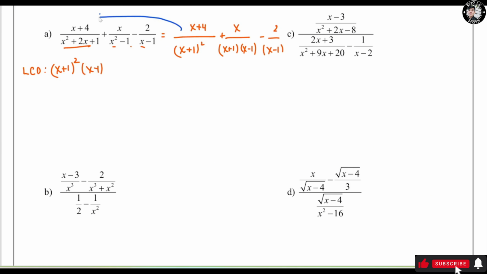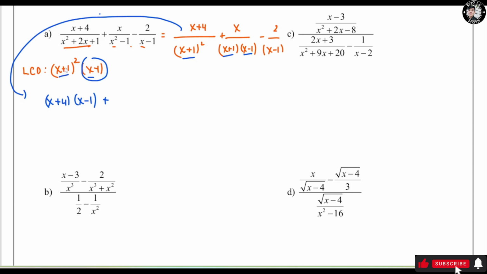So this guy right here becomes, now you have s plus 1 squared, but the LCD is s plus 1 squared times s minus 1. So you miss this guy right here. You need to multiply the top and bottom by this guy, so it would be s plus 4 times s minus 1, right? Plus, now this guy you have s plus 1, s minus 1, but the LCD is s plus 1 squared, s minus 1.